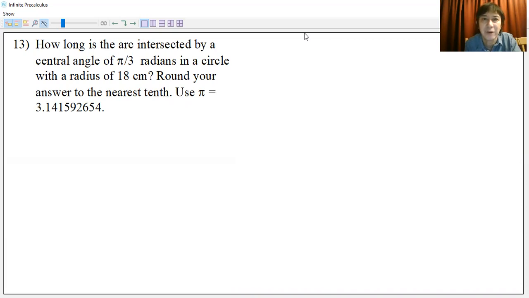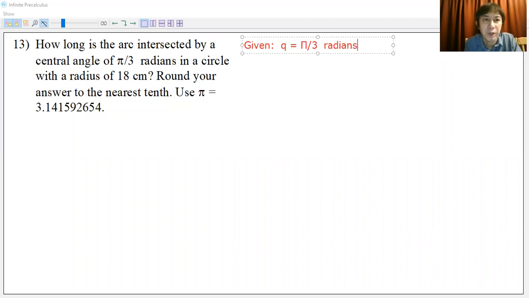Let's start with enumerating the given first. What we have is the central angle. We shall assign Q again, and this is pi over 3 radians. What else do we have?